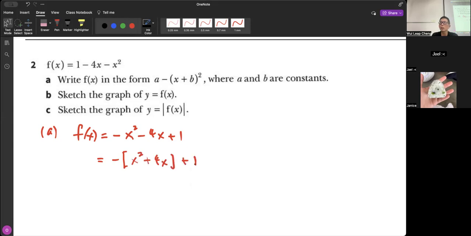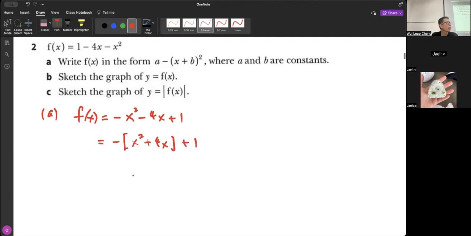You okay? And then the next thing you need to do is to take out the negative. And this one, the 4, has to be divided by 2. Correct? Yes.